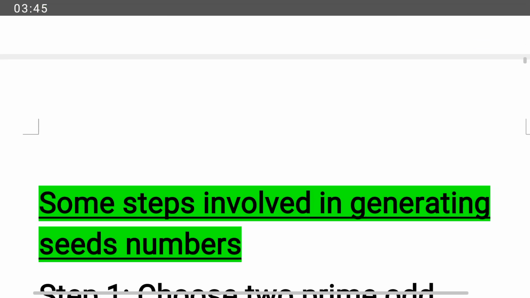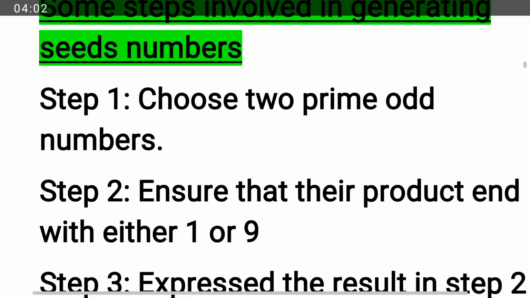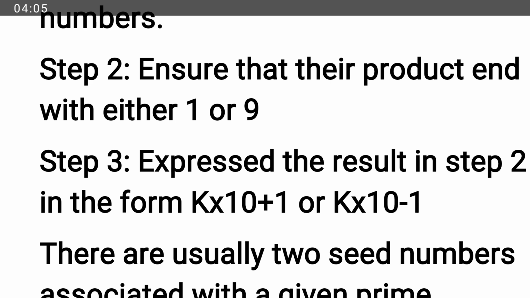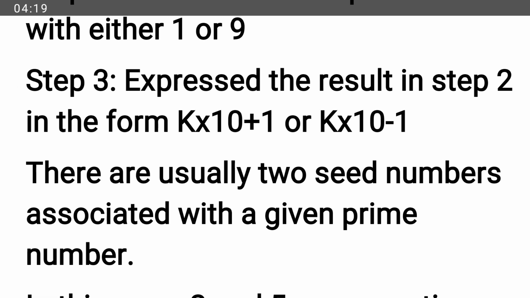Now, let's look at some of the steps involved in generating seed numbers. The first thing to do is to choose two odd prime numbers. Then you ensure that their product ends with either 1 or 9. Then three, express the result obtained in step 2 in the form of k times 10 plus 1 or k times 10 minus 1.